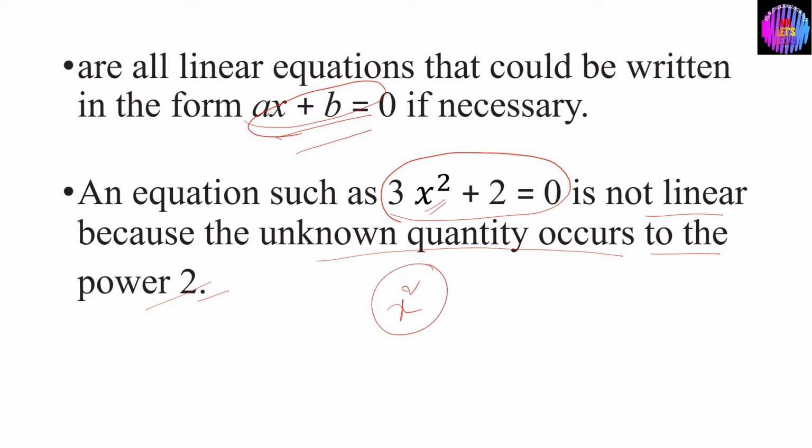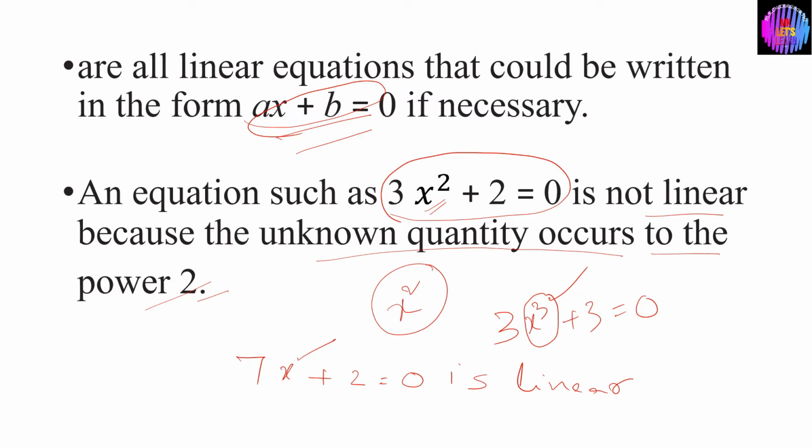X square is a term of power 2. Similarly, 3x cube plus 3 is equal to 0 is also not a linear equation because the unknown quantity occurs to the power of 3. For example, 7x plus 2 is a linear equation because the unknown quantity x occurs to the power of 1.